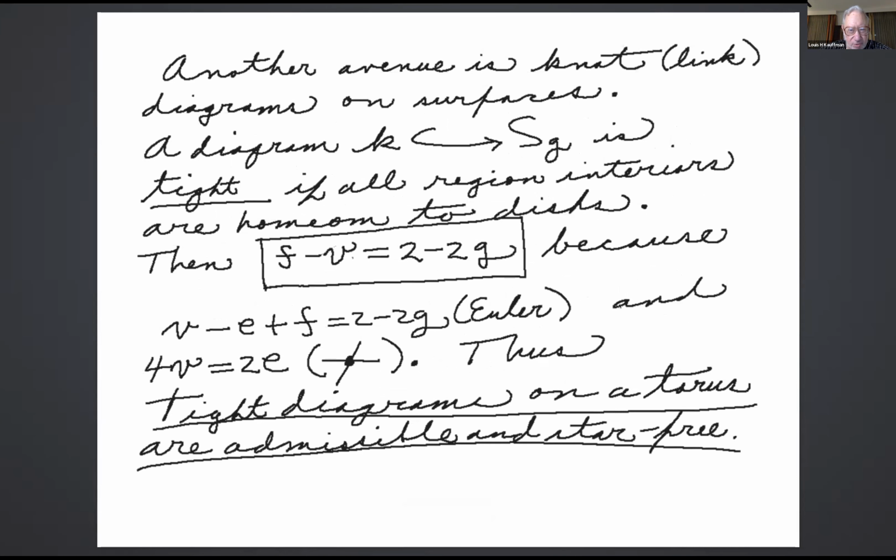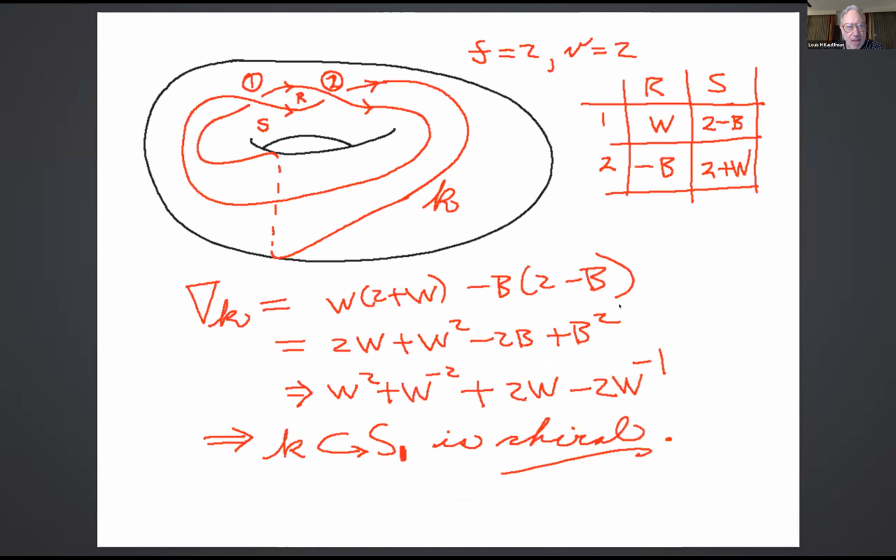We already made this remark about the Euler characteristic. Here's a nice example. A knot embedded in the torus. In the case of the torus, F equals V, as long as it's a disk-like embedding. And so here's a nice knot embedded in the thickened torus, and it has a non-trivial invariant, and it's seen to be chiral by our method.